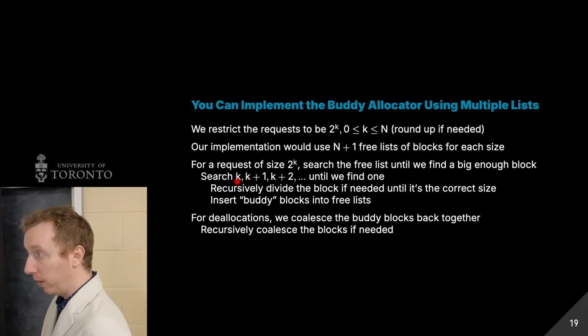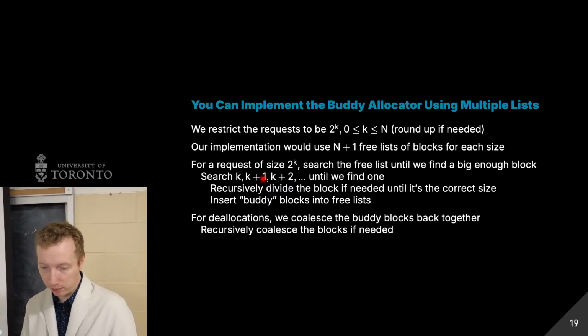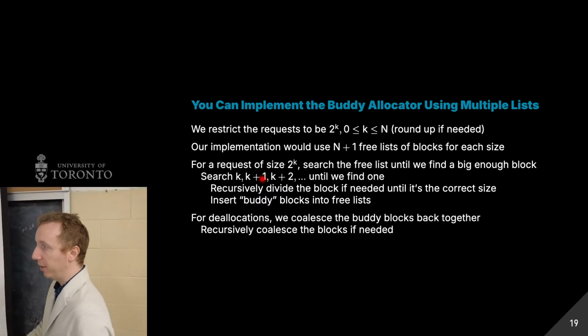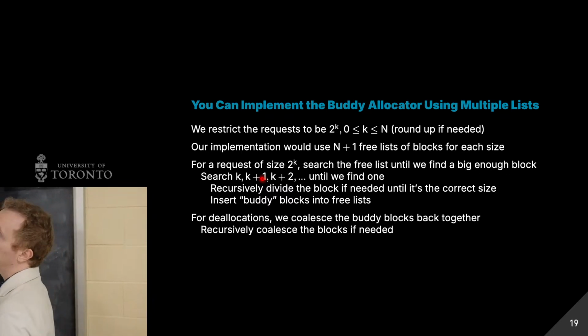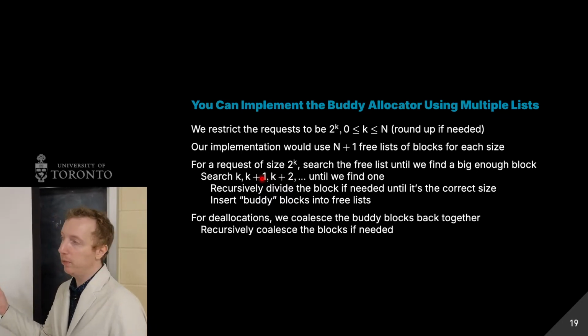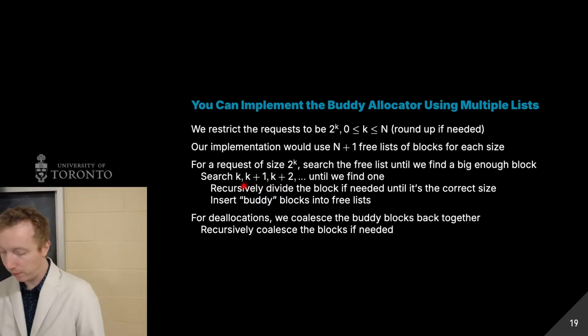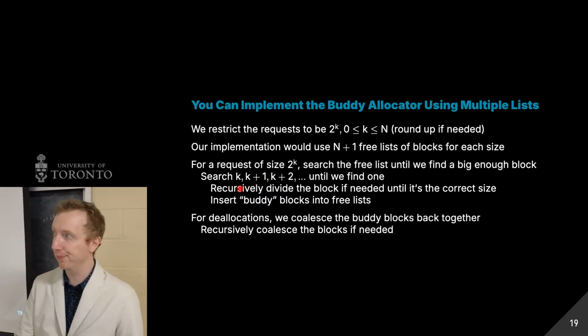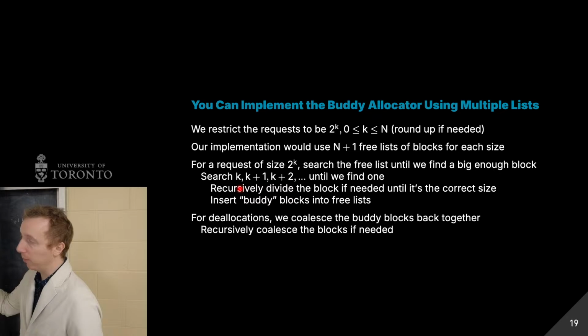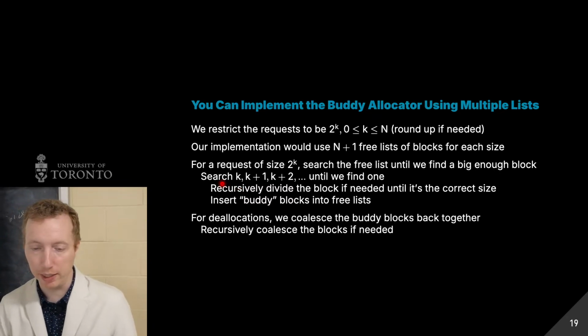If there is nothing free on that, then we'll go up to the next power of 2, so k+1, or 128. If that's not free, we'll go up to 256, so on and so on until we find one, and then we're done. Either we find it or we ran out of memory.